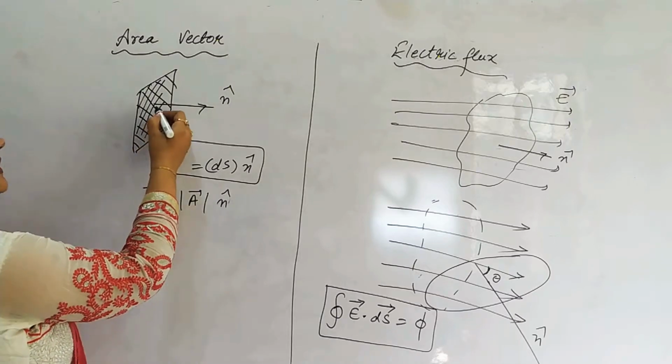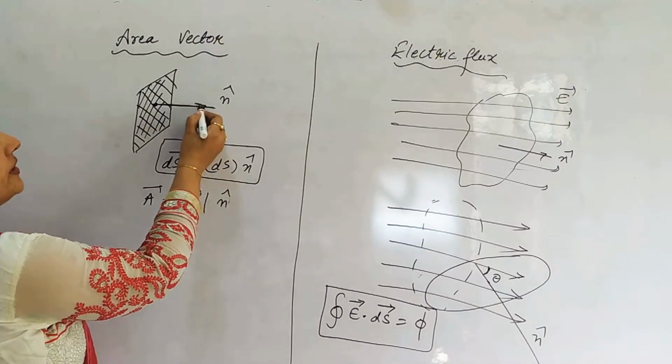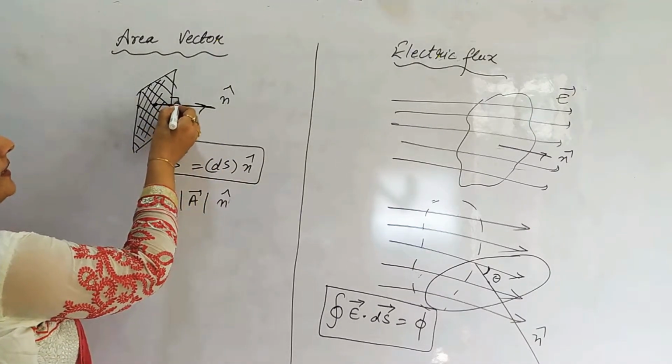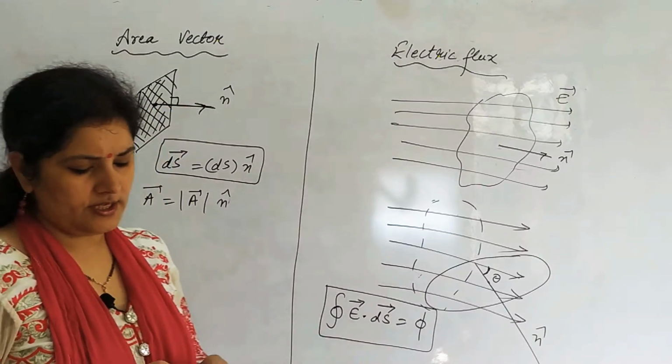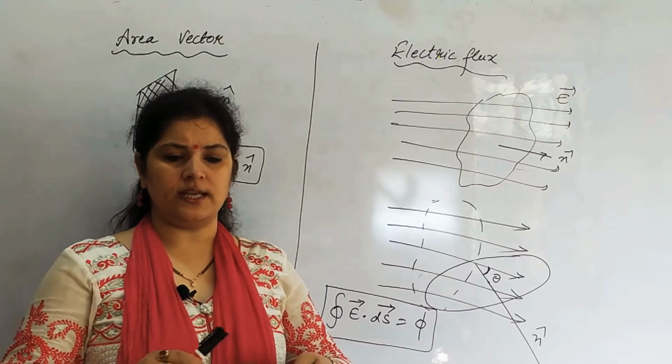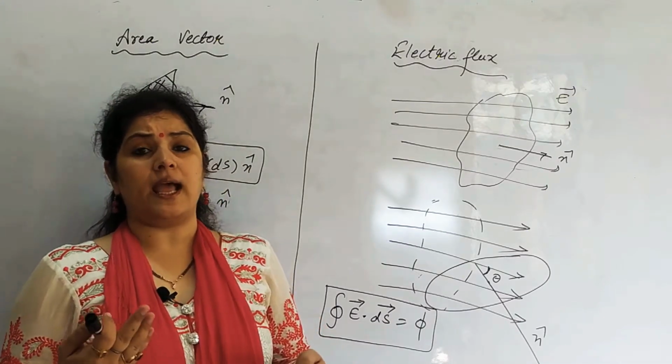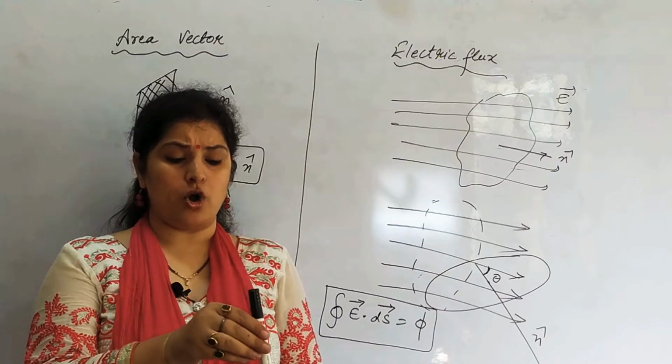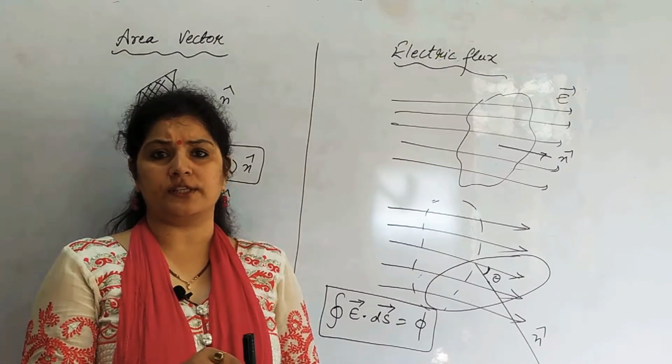Now what we do, we consider that there is a unit vector perpendicular to the surface. There is a unit vector perpendicular, say this is the area, I want to express it as an area vector. So I will draw a unit vector perpendicular to its surface.